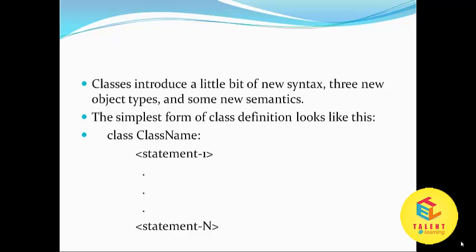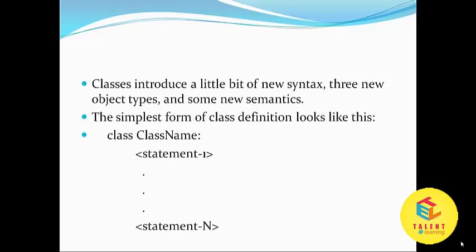The simplest form of class definition looks like this: class ClassName, then statement 1, and so on to statement N. Class definitions, like function definitions, must be executed before they have any effect. When a class definition is entered, a new namespace is created and used as the local scope.